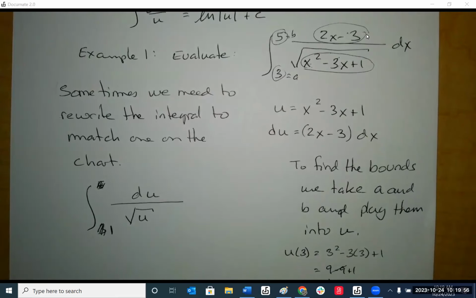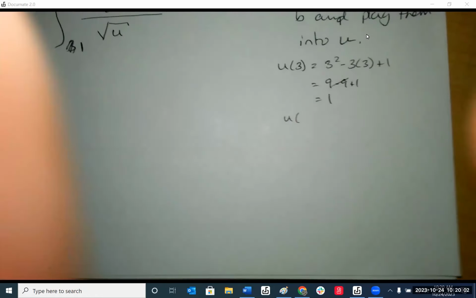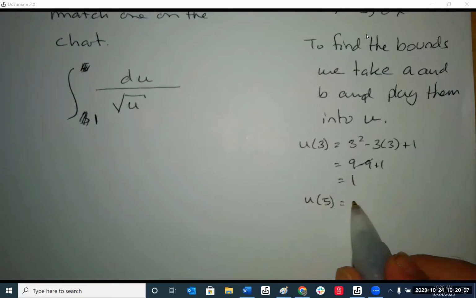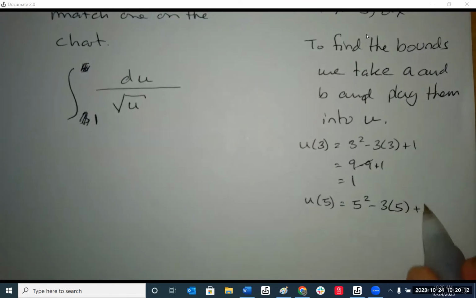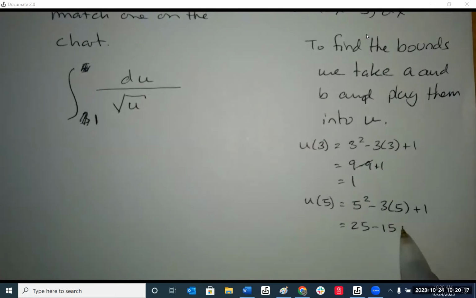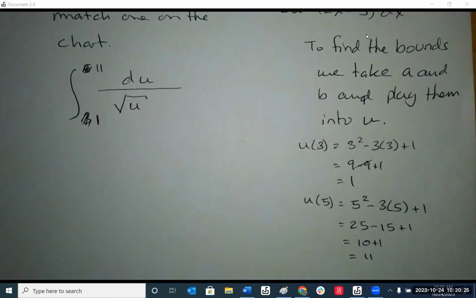Our upper bound is u at 5: 5 squared minus 3 times 5 plus 1, 25 minus 15 plus 1, which is 11. So for us to do our substitution method, we changed it from x to functions of u.